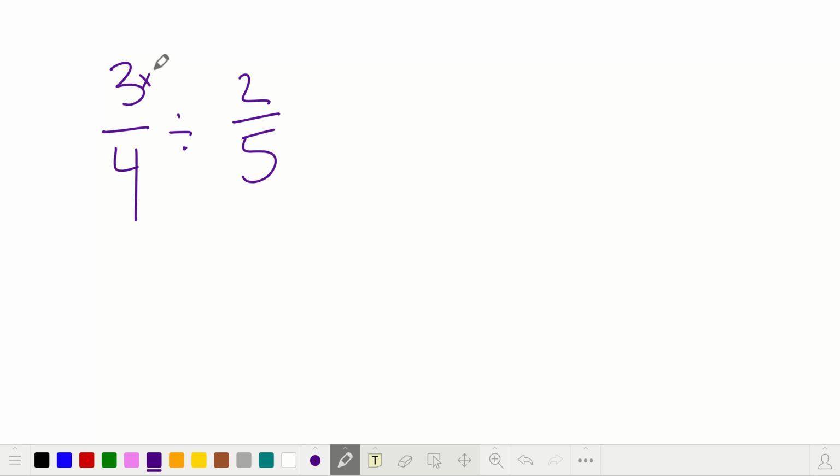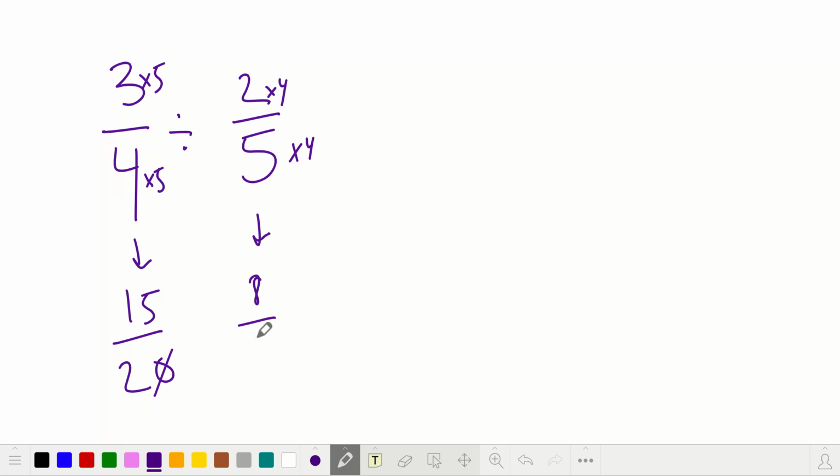I'm going to multiply times 5 over here, times 5 over here, and we get 15/20. Over here, I'm going to multiply times 4, and we get 8/20. And then we're going to divide. You can ignore the denominators, and you have 15 divided by 8, and you can just leave it as 15/8, like that.